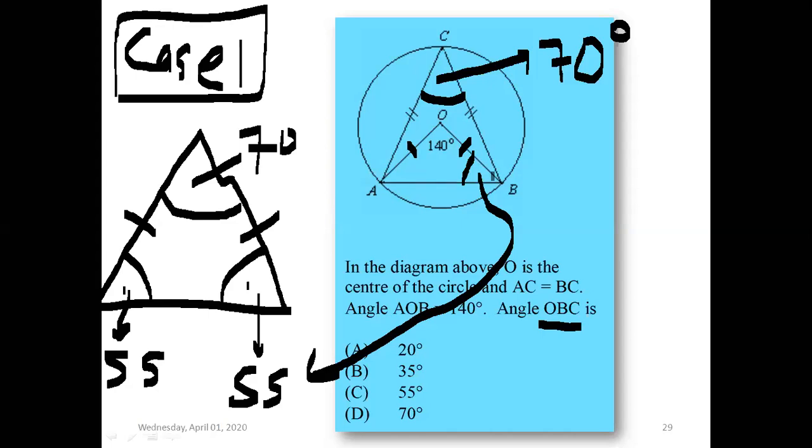Starts with R? R. That's the reason, because OA and OB are two what?